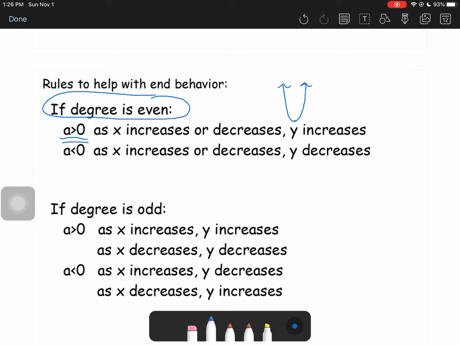Whether the x increases or decreases, the y increases.